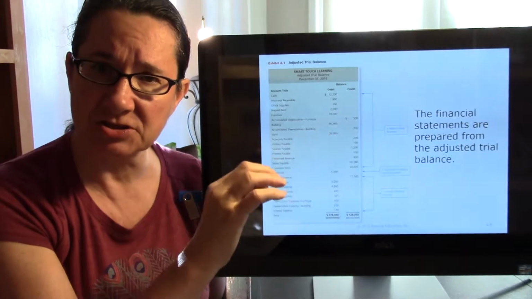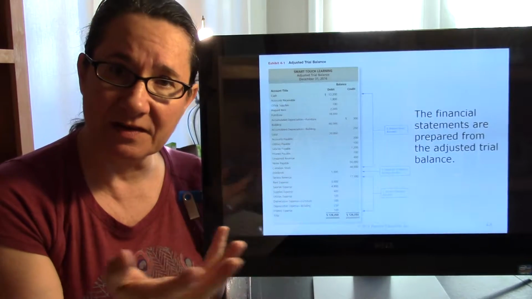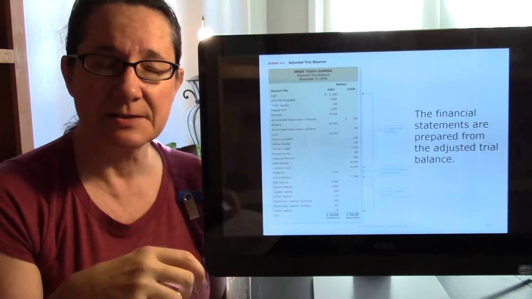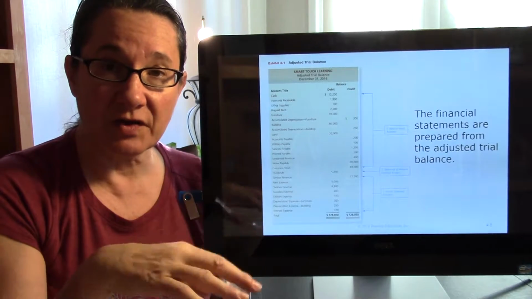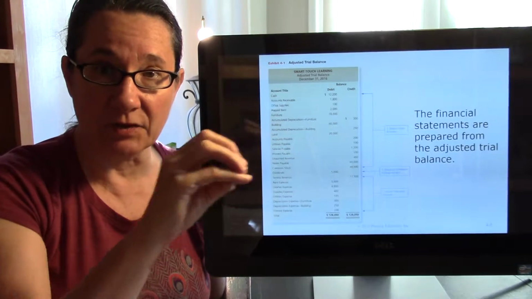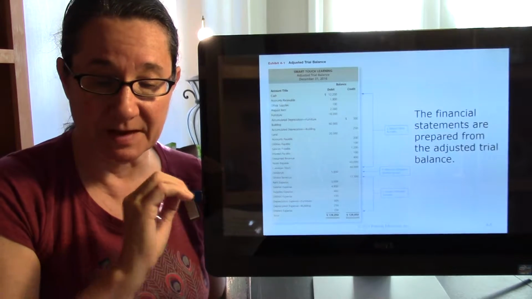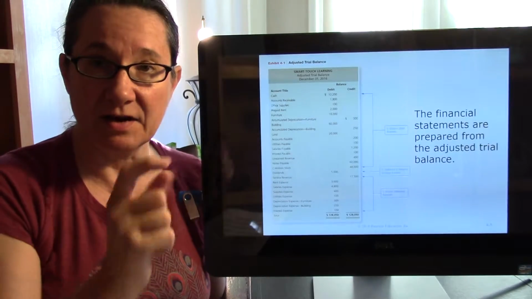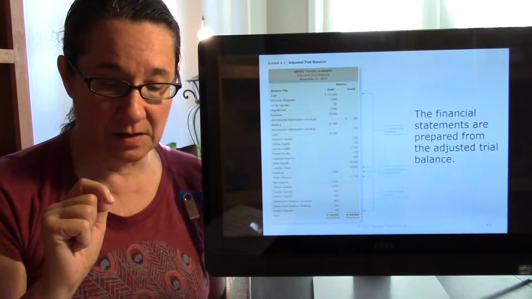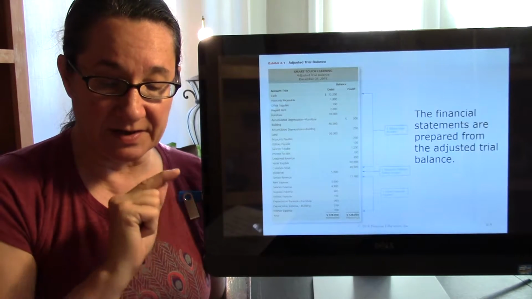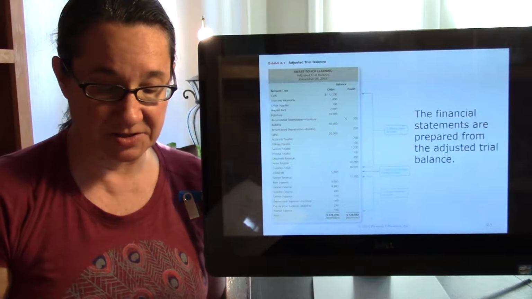Students want to put cash on the income statement because it's like, oh, we got income, we got cash. Well, cash is an asset. What you're going to have to do is pick out the revenues and expenses only and put them on the income statement. Retained earnings is the only one that appears on two statements. It appears on the statement of retained earnings and the balance sheet.